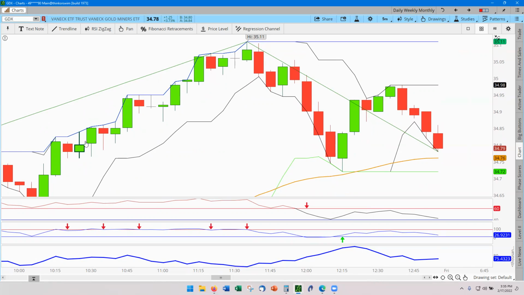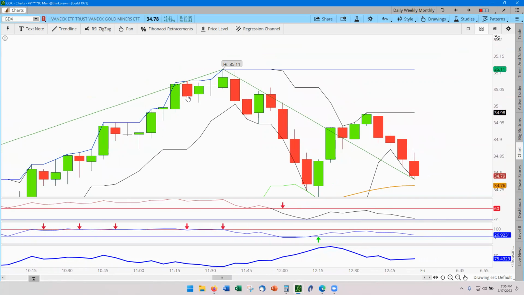Then you get a green candle, then you get a red candle, and the close is higher than the previous low. Then a green candle, then you get a higher close. Even though it's red, it's down here, it's higher than the previous low. This was a green, so then wait for a red candle. Got another red candle, the close is higher than the previous close.